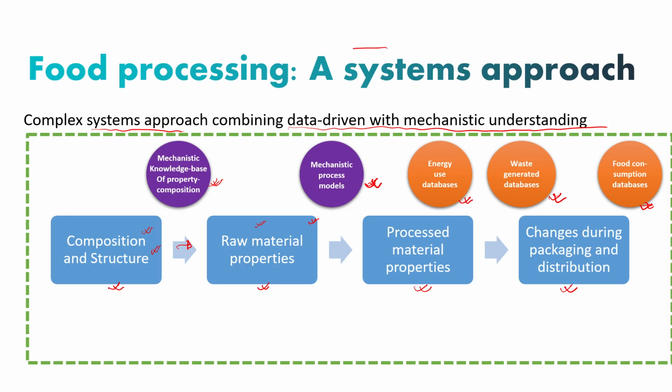So it's a systems approach that can be built, but the point here is not these details, it's that these kinds of systems approach are being talked about all the time, and it needs the kind of mechanistic, the physics based modeling and simulation info, to be able to build this kind of systems approach.